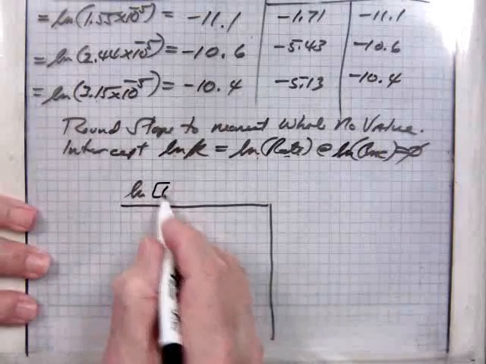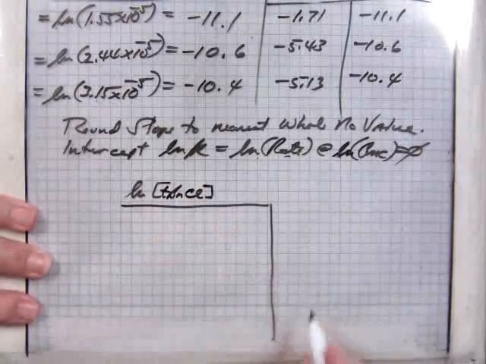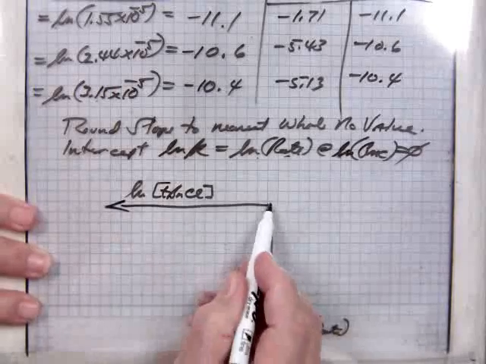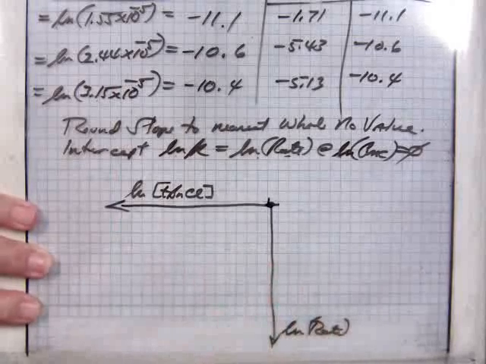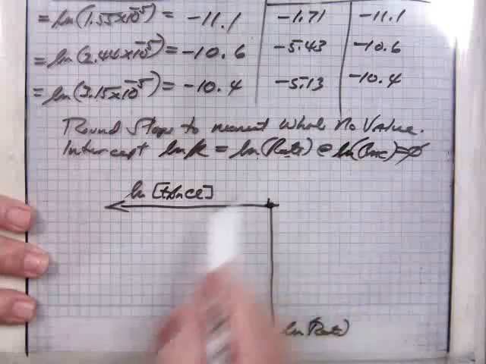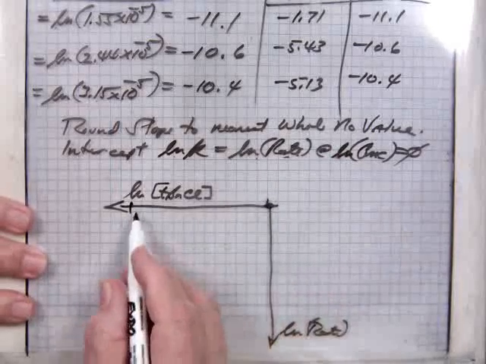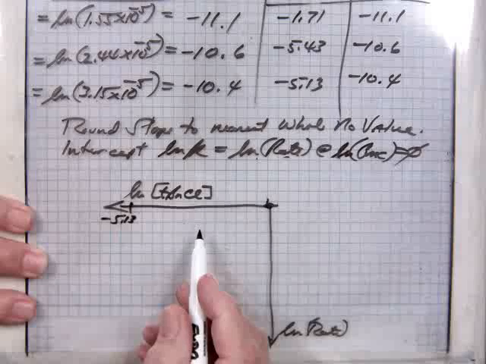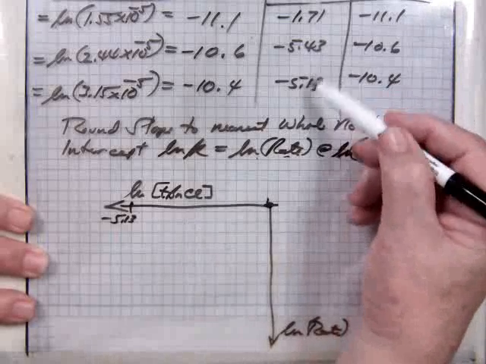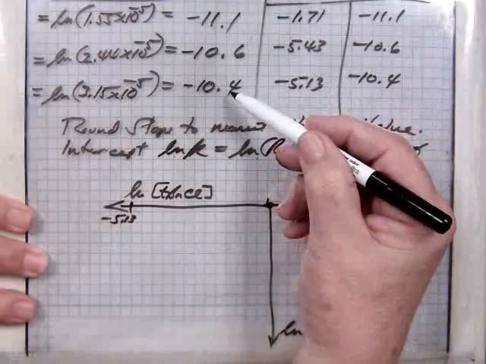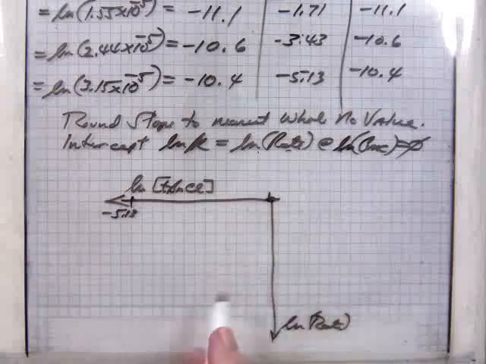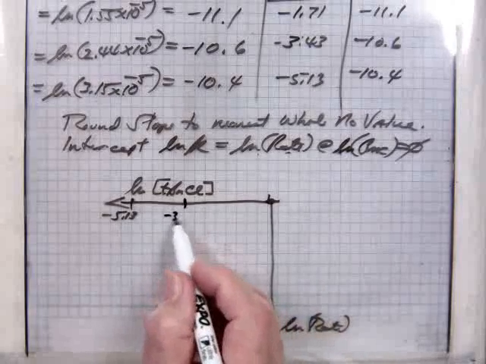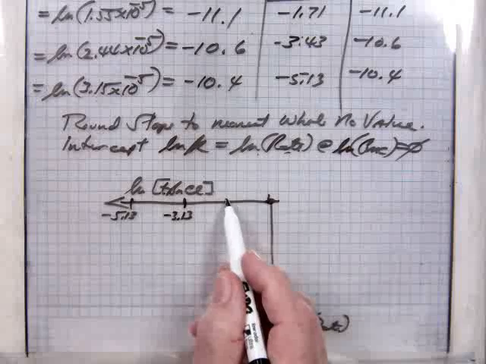We have ln of T-butyl chloride here, and over here we have ln of rate, like this. Of course, that's the 0 point. Minus 1.7, the max is 5. So we'll make that max here. That's a 5.13, and then it's something weird here. It's 3.43, 5.13, and I'd say 3 would be right here, and 1, about 2 right in here.